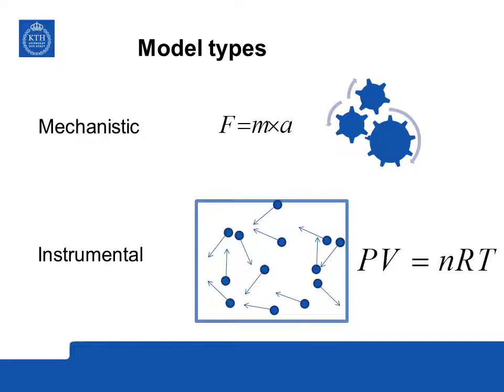So instead, we use an instrumental model, the gas law on the right-hand side, which describes the relationship between the pressure and volume in a gas and the temperature. You can say that the instrumental model cannot explain why and how things work in detail, but it can still be very good at describing the behavior or even predicting the relationship between P, V and T in this very, very complex system.